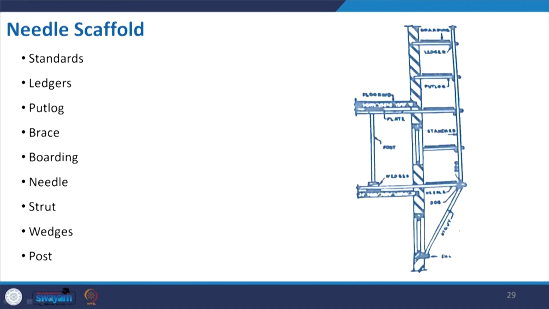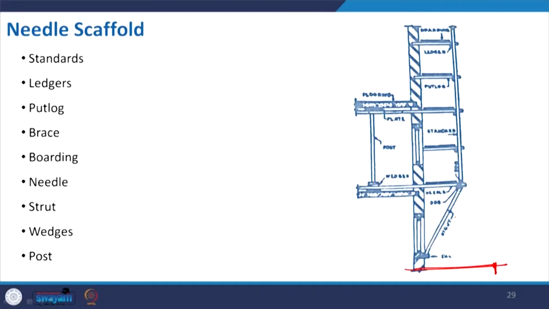Now, the needle scaffold is something else, where you cannot really access the ground because of a busy road or something, and something has to be done at the top. Making something from the ground is unnecessary, you are investing cost and complexity.